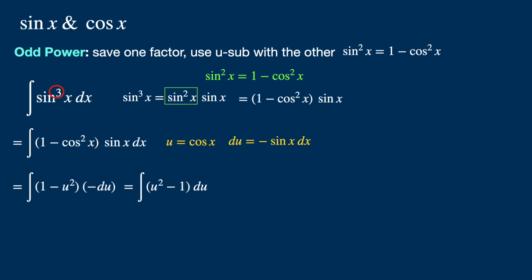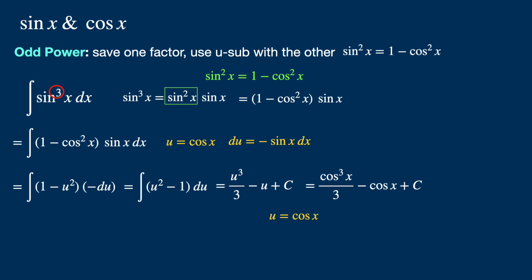Then you find the antiderivative of u square minus 1, that's u cube over 3 minus u plus c. We practiced the substitution method. You're gonna be plugging back cosine x, so the final answer gonna be cosine cube x over 3 minus cosine x plus c, guys, okay? That's the first one.